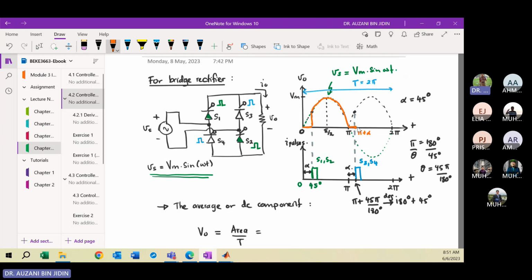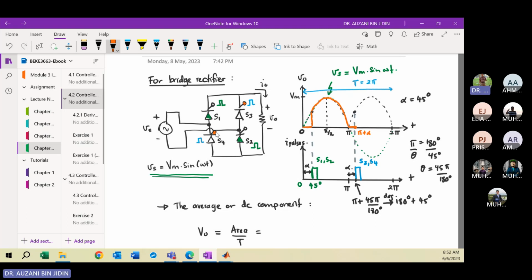Okay, so then you inject the current pulse to the gate terminal of S3 and S4. Here, you inject to here. So these two SCRs will be turned on when two conditions are fulfilled. One, the polarity is positive anode to cathode, and another one is the current pulse injected to the gate.